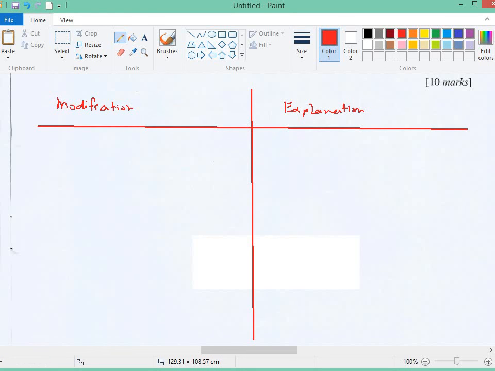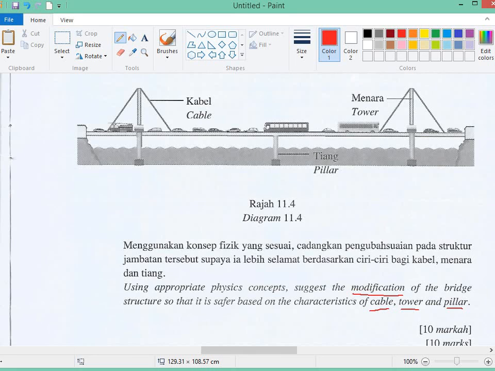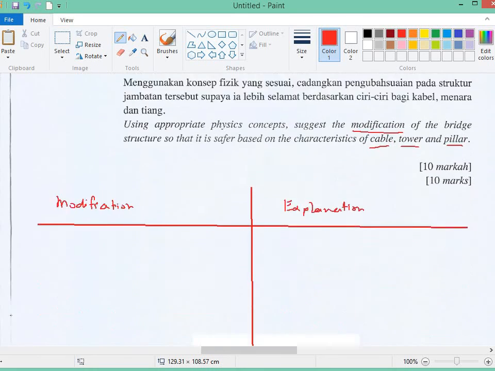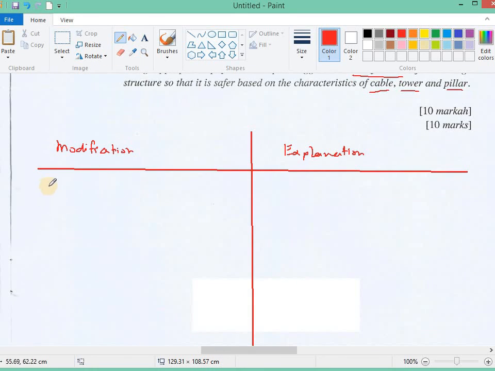Let's say that the first thing that I want to modify is the pillar. So the first thing is, number of pillars should be more.